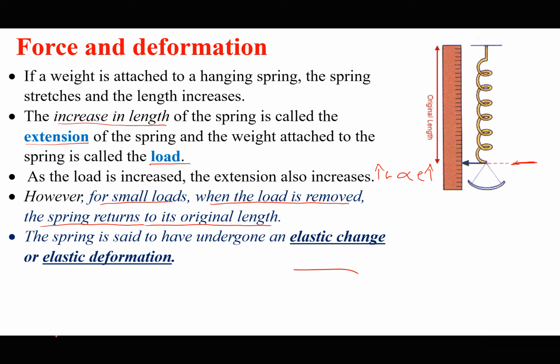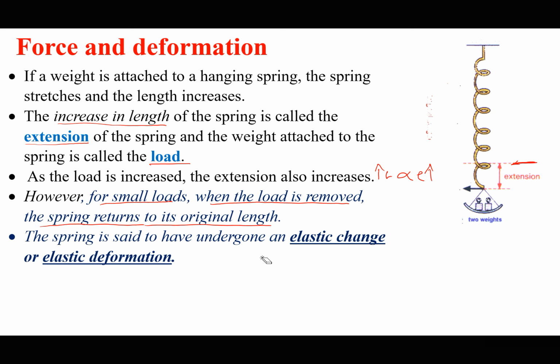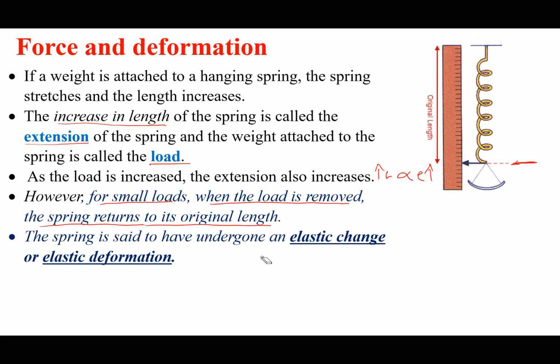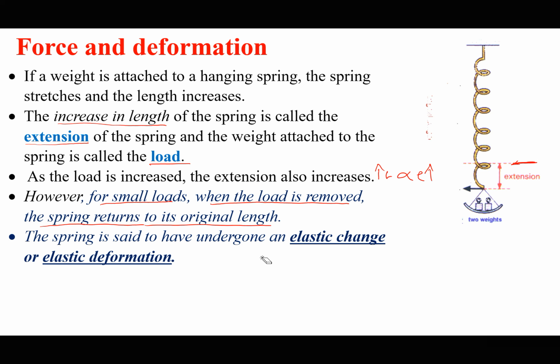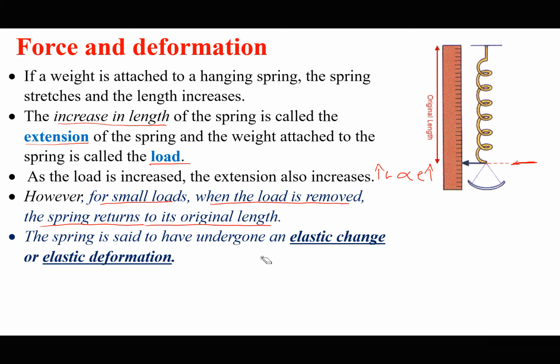If the loads used are very small or relatively smaller, when we remove the loads from the spring, it returns to its original length. If the material returns to its original length, we say it has undergone an elastic change or it has undergone an elastic deformation.